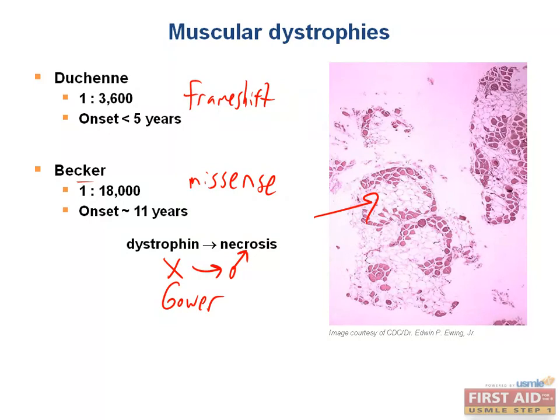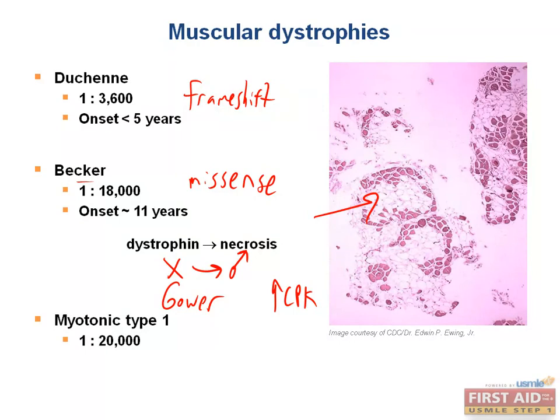This is trying to stand up from a sitting position without using your arms, and the inability to do this is usually due to muscular dystrophy. Diagnosis can also be made by looking for increased creatine phosphokinase in serum, or by doing a muscle biopsy to look for fibrofatty replacement.